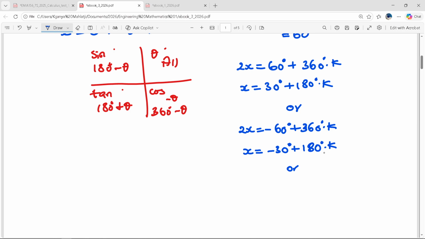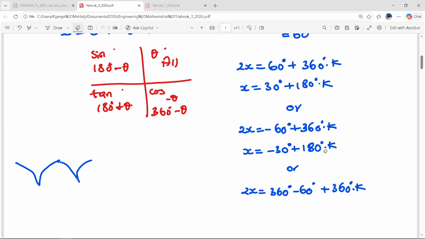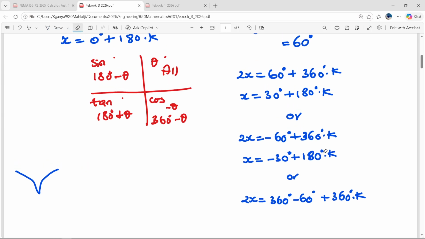Let's continue to the same quadrant. You will still have 360. Then 2x equals 360 degrees minus 60 degrees plus 360 degrees multiplied by k. This multiplication is because we consider every cycle. When the first cycle ends, it has to start again, like a cosine waveform.